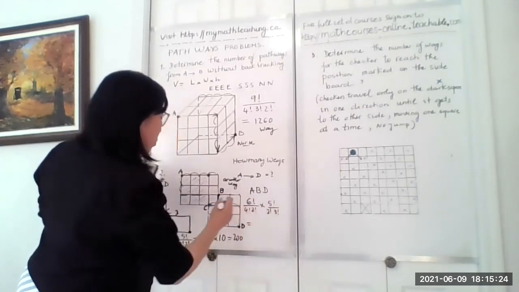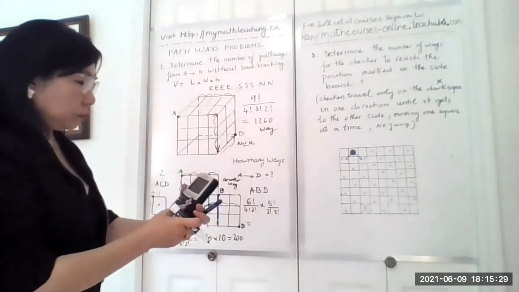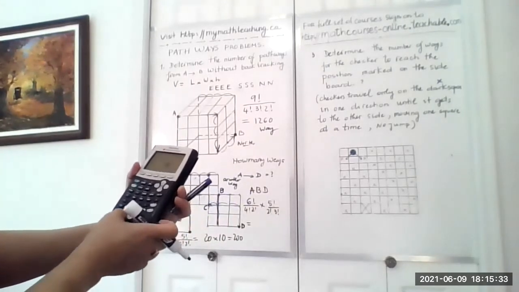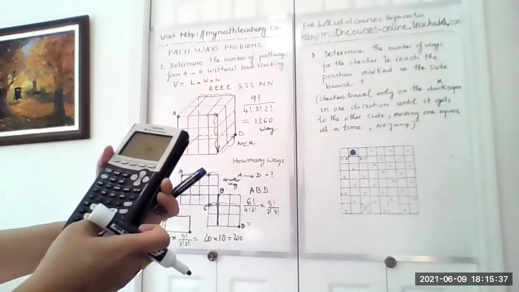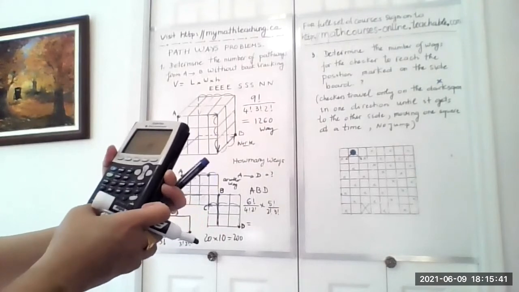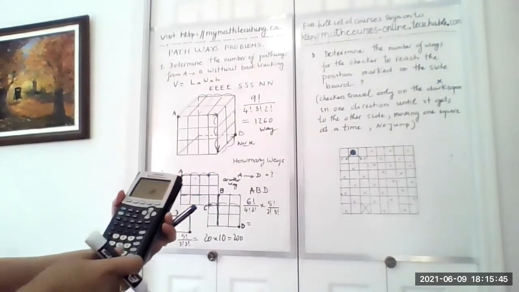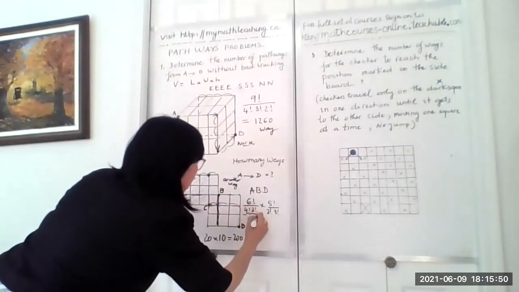So this will give you 6 factorial divided by 4 factorial times with 2 factorial and the answer is 15. So for this one, the answer is 15.